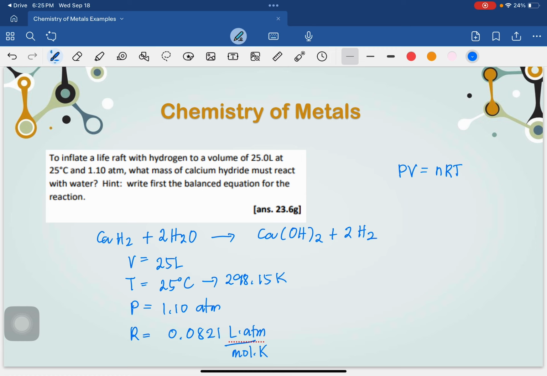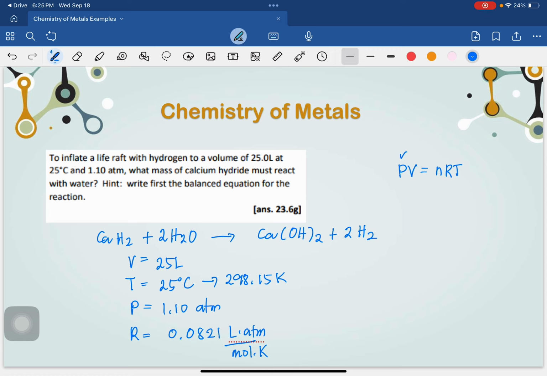What are we looking for? We're looking for the mass of calcium hydride, but in the formula we don't have mass, but instead the formula gives the value of moles. But we can always get the number of moles first, and then later on we'll be able to derive the mass.